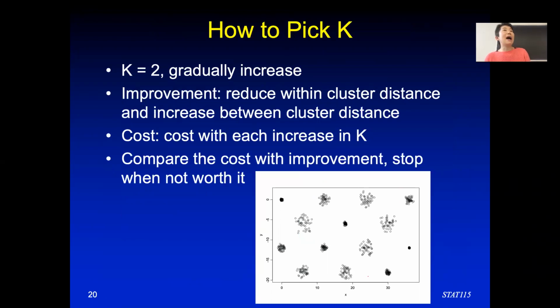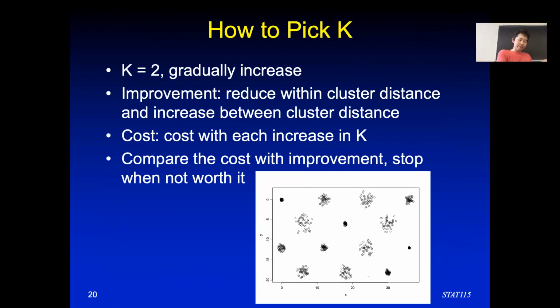Another question people have is how to pick the number of k. You can imagine you start from k equals 2 and you gradually increase the k, because every time you increase the k, you have more clusters to manage. That will definitely reduce the within cluster distance, right? Supposedly you have two clusters, and you say, okay, this cluster is still very noisy.